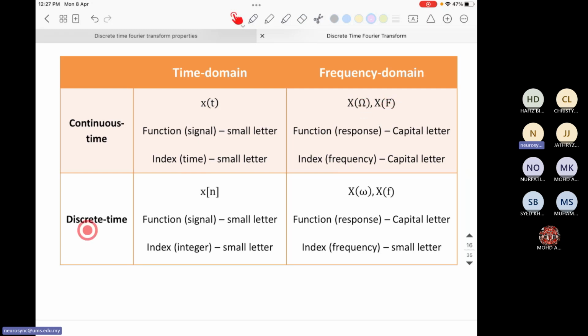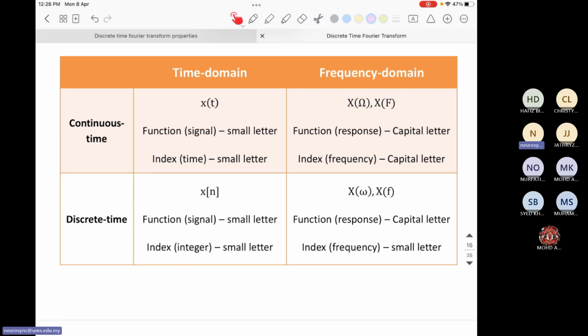Now, if I have a discrete time system, in the time domain I can represent it with x of n. Again, the function x is small, and n is also a small index. It is an integer value. In the frequency domain, the function is a capital X and the index, frequency, is in small letter.